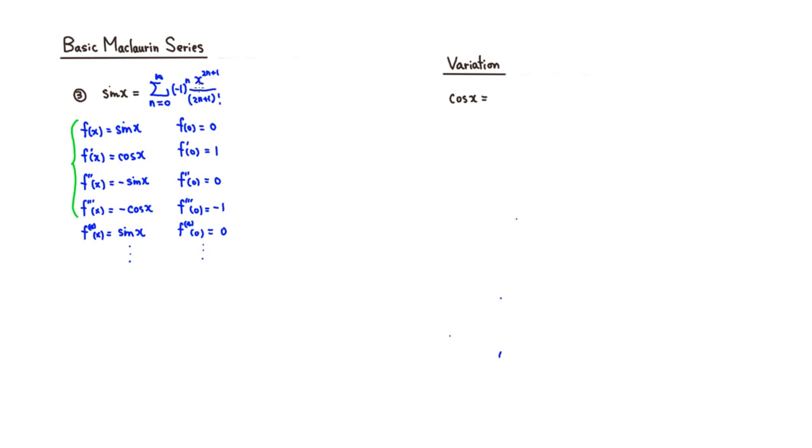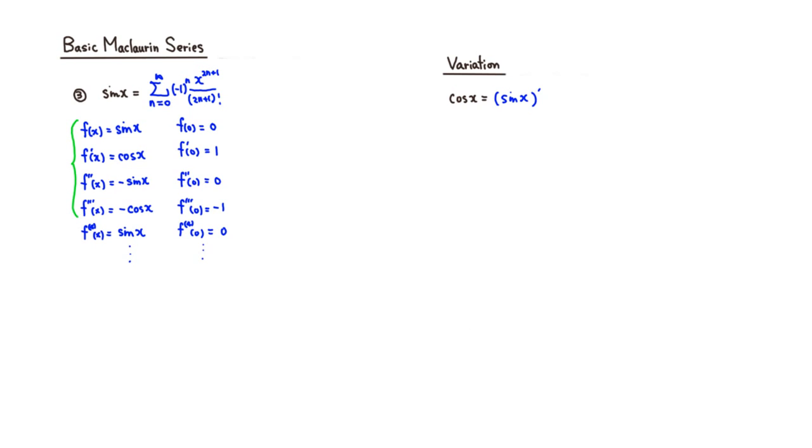All right, let's look at the variation of this, and we can find the Maclaurin series for cosine by using a derivative. You know that cosine of x can be obtained by taking a derivative of sine of x, because the derivative of sine of x is exactly equal to cosine of x.